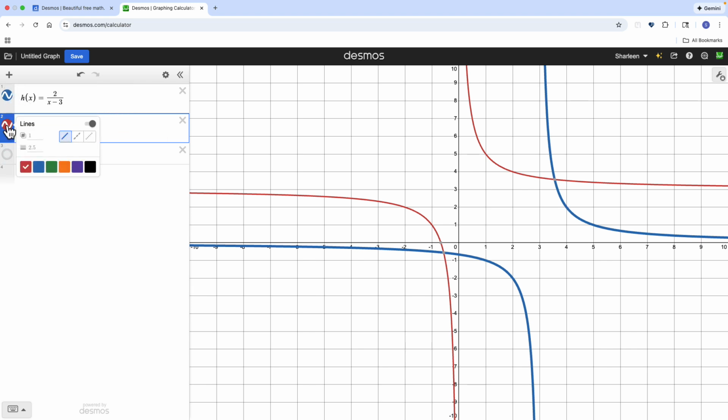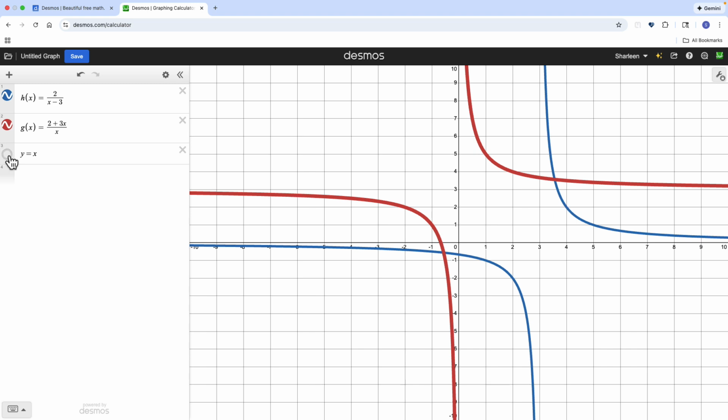And let's make that a little bit thicker so it's easier to see. I'm going to add the diagonal y equals x to our graph, and these in fact do look like mirror images across that diagonal. So this is a good way to check that we did find the correct inverse function.